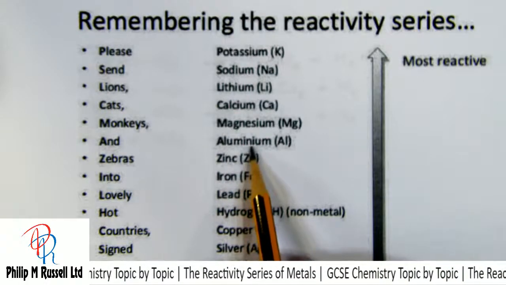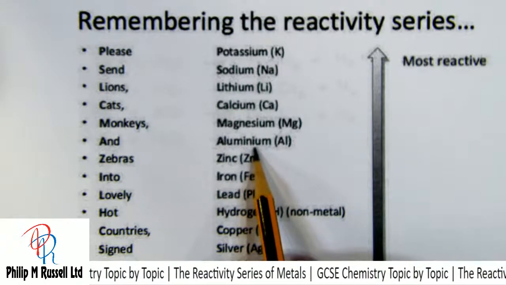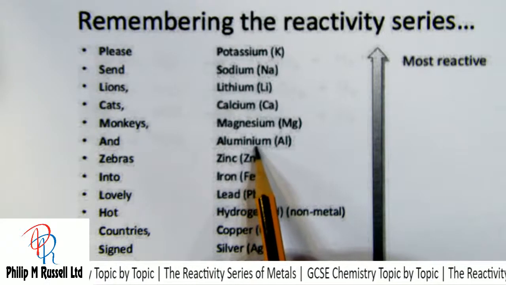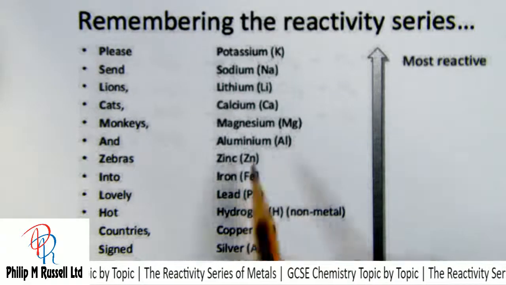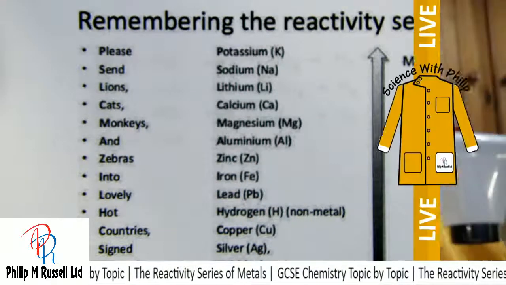Aluminium, a metal that many people think is not very reactive. When we have aluminium, people think, oh, it's not reactive. I've got this aluminium foil, I wrap my food in it, put it in the oven, keeps my chicken from burning. Can't be that reactive. But in fact, aluminium is an odd metal.